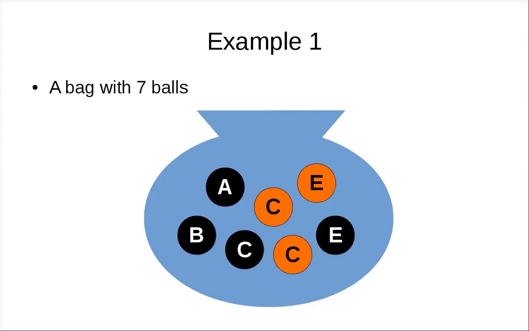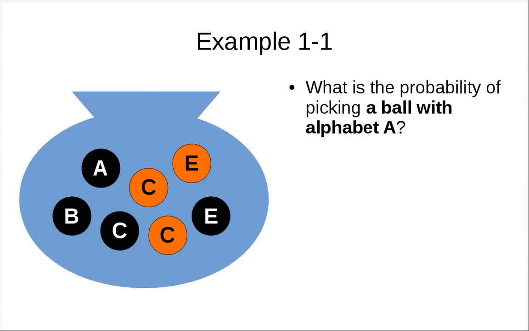So let's look at our example. In this example, we have a bag with 7 balls, and each ball is either black or orange, and each ball has an alphabet on it. What is the probability of picking a ball with alphabet A? We have only one ball with an alphabet A, right?